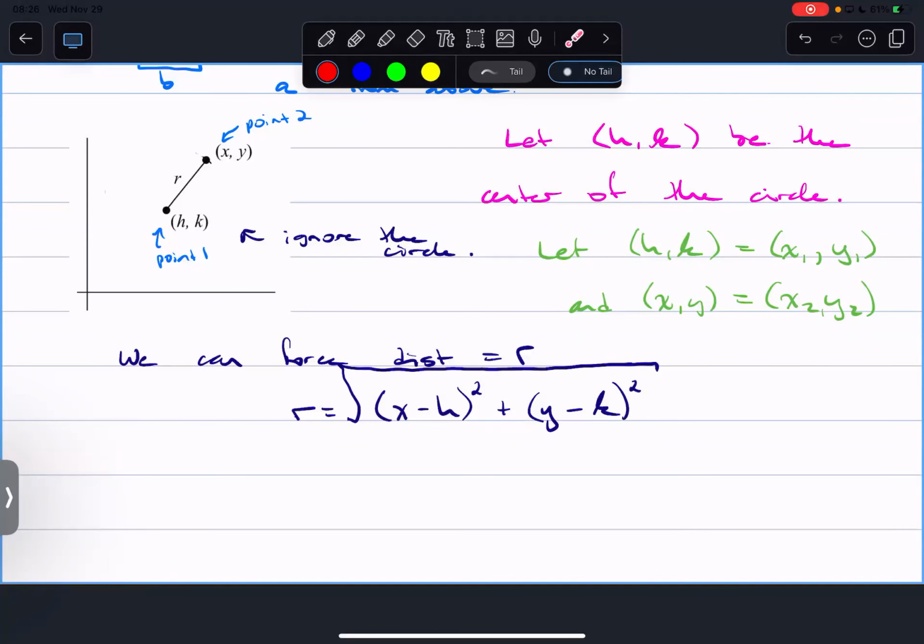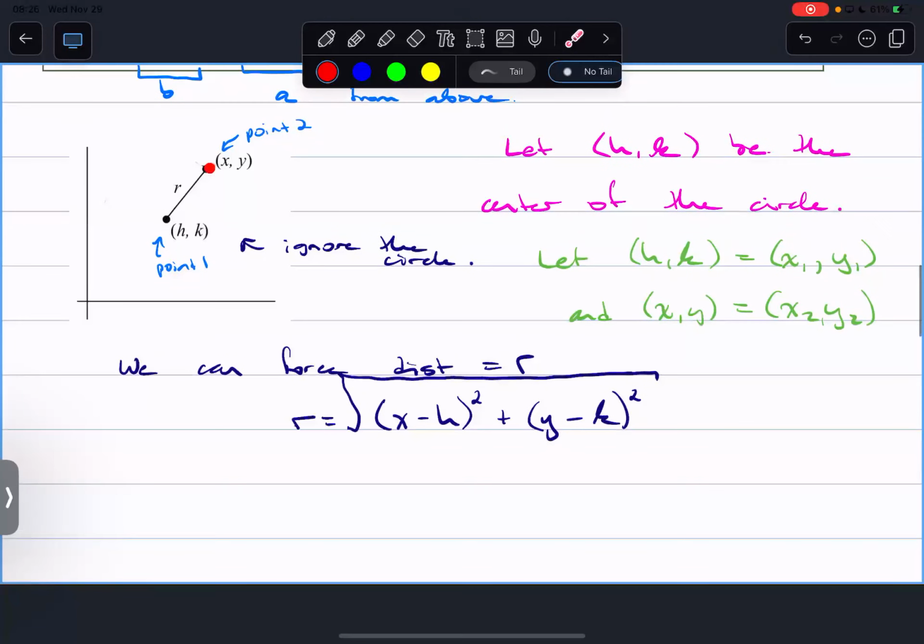You can center it at (h, k), and then we can plug in any value of x and y, and we can force the radius to be some value, or we can find the radius. There are lots of different things that we can solve for. It's taken us way back: I built this around some arbitrary (x, y), which means I could find all the values of (x, y) around this center.